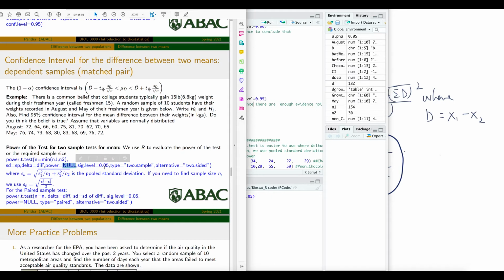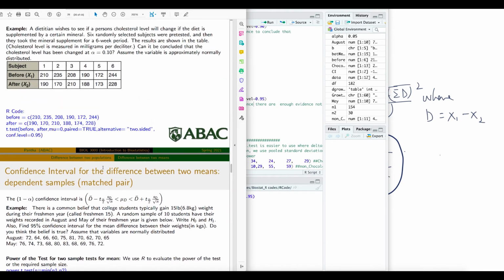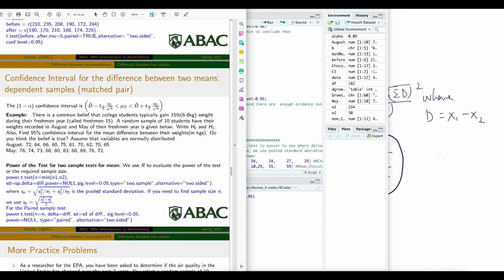For the significance level, instead of confidence level, I am using significance level. That's the same thing, right? Confidence level you will be using 1 minus alpha. Significance level you are using just alpha. Type is two-sample and alternative is two-sided, where Sp is given like that. You see that is the pooled standard deviation. And if you need to find the sample size n, then you will be using Sp equals to, because at that time you will not have n1 and n2. At that time you will be using Sp equals to the square root of (S1 squared plus S2 squared) over 2.